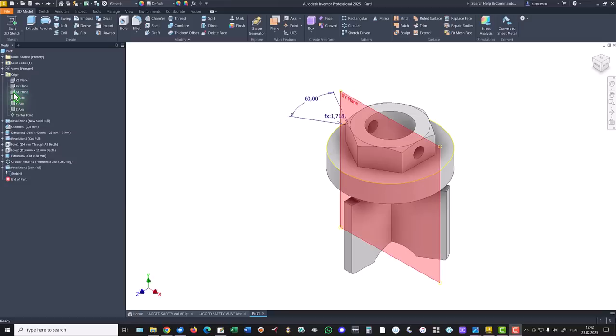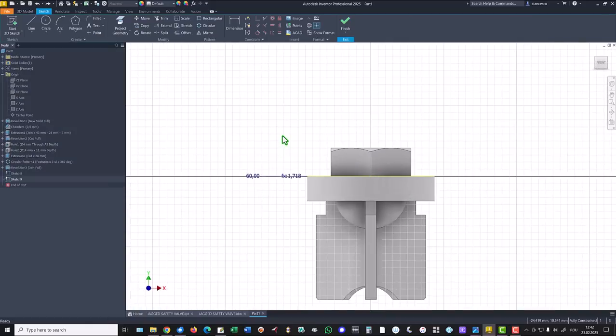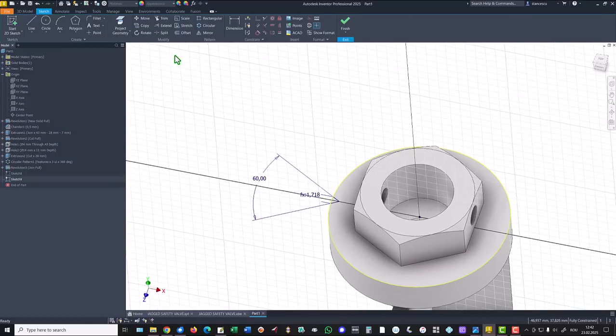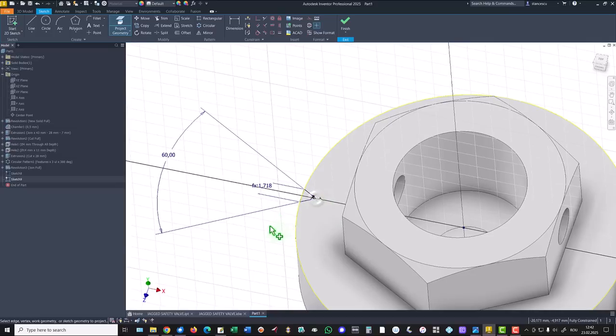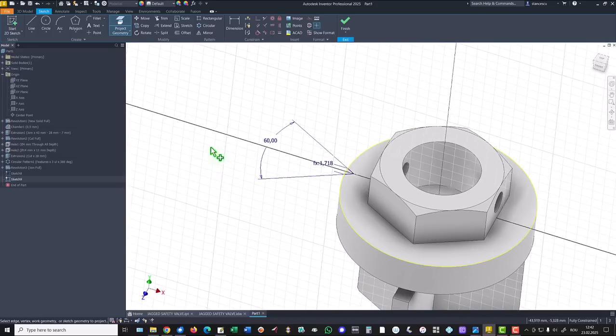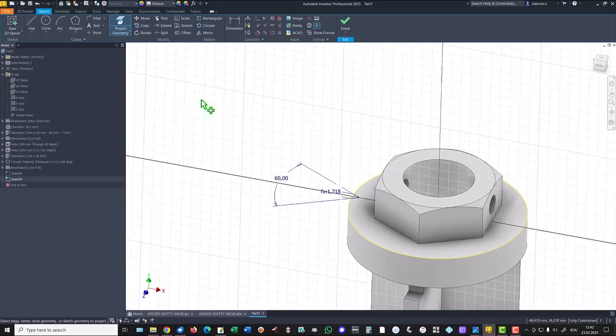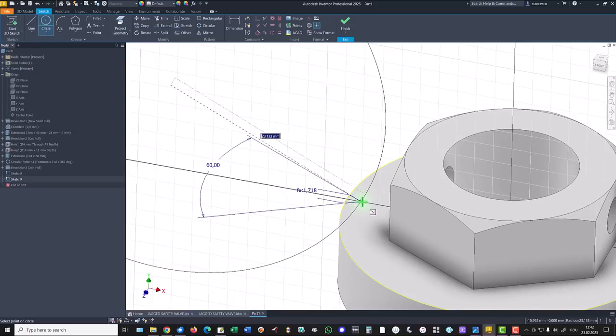Now we use the XY plane for a new sketch. We can project this point to create a circle. This circle containing that projected point.